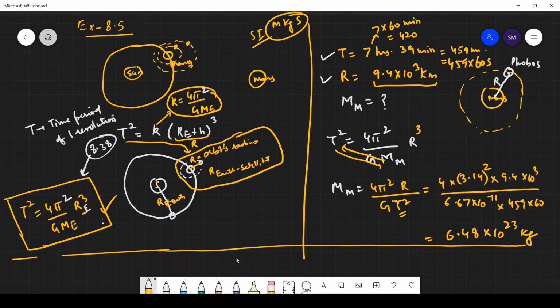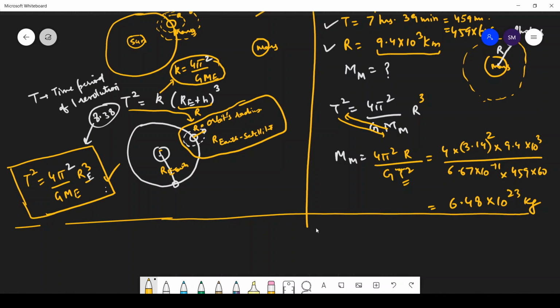So we have another part of the same question. Second part. Assume that the Earth and Mars move in circular orbits around the Sun, with the Martian orbit being 1.52 times the orbit radius of Earth.